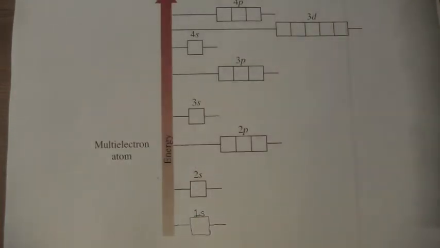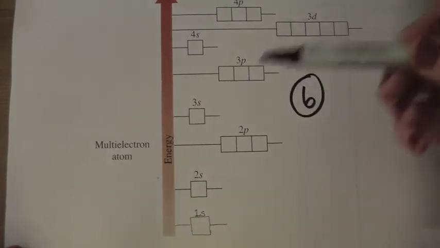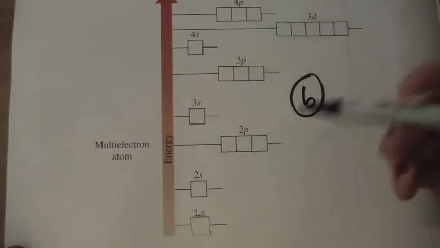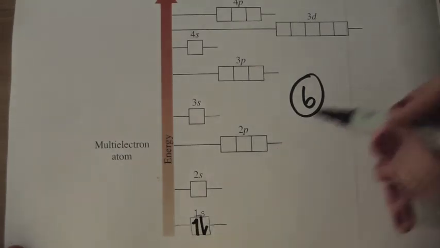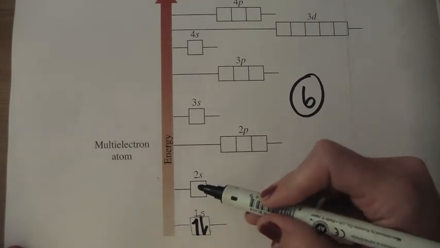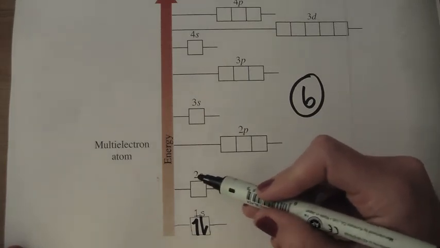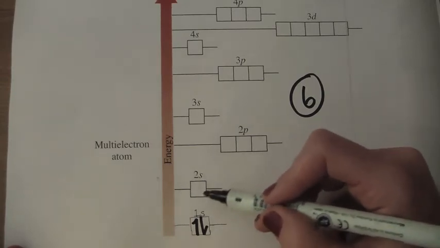So let's start there. If I have 6 electrons that I need to put in this diagram, I will start at the bottom closest to the nucleus. So I have 1 electron and a second electron. My next step is to add the electrons to the 2s sublevel, which has a 2s orbital.